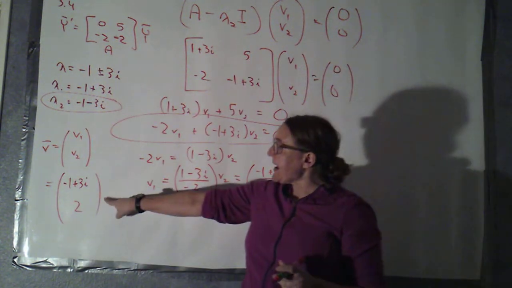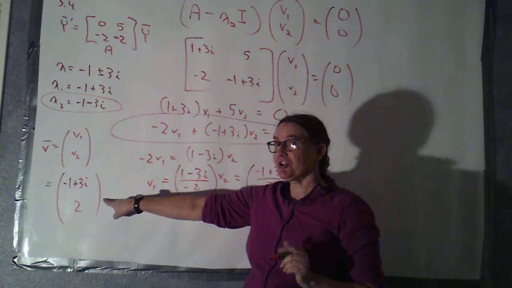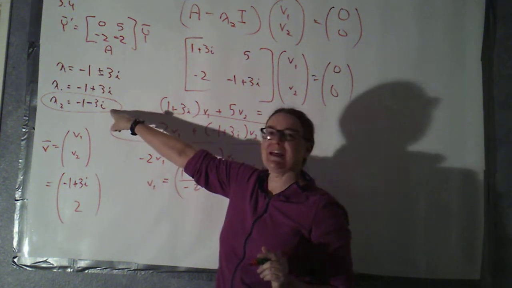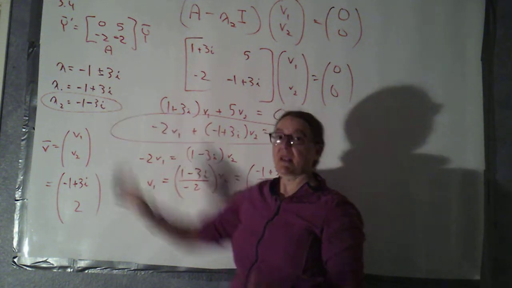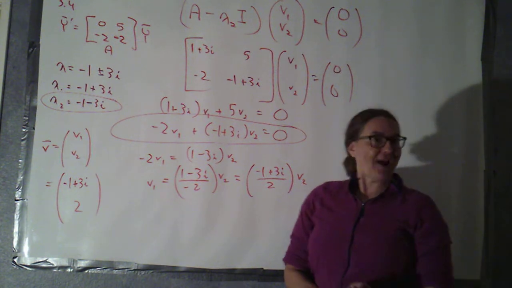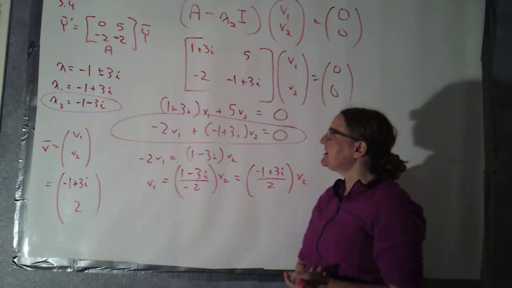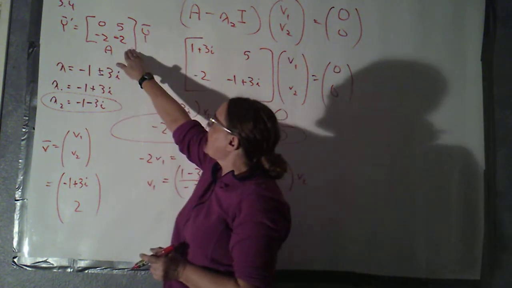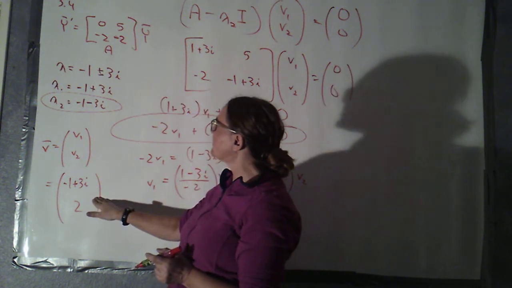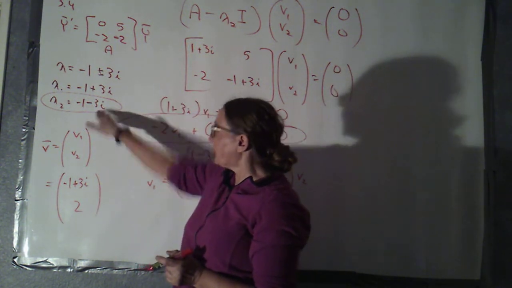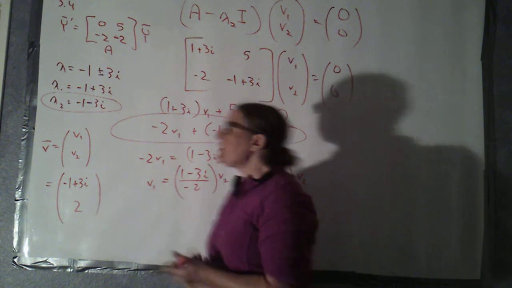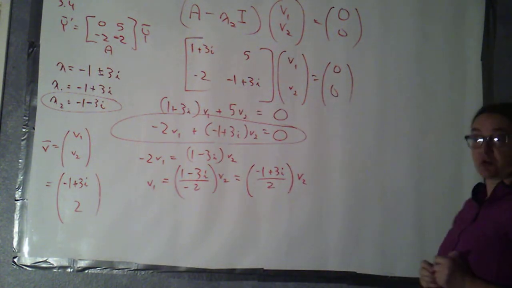So that is my complex eigenvector that goes with this complex eigenvalue. I will leave it to you, if you want some practice working with complex arithmetic, to verify that if I multiply this matrix by this vector, I should get this number times this vector. Up to you if you want to verify that, but it certainly is true.